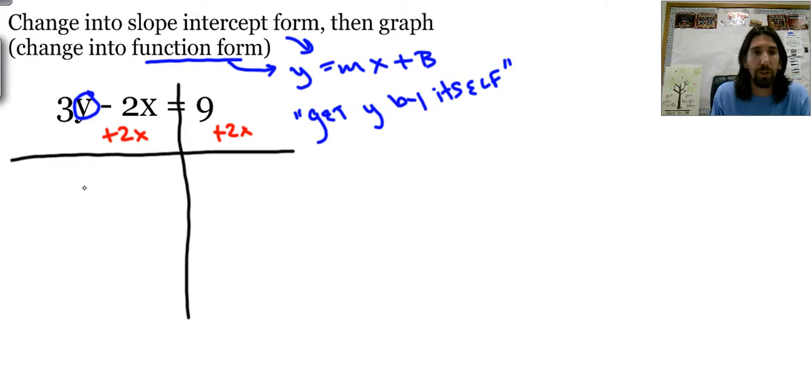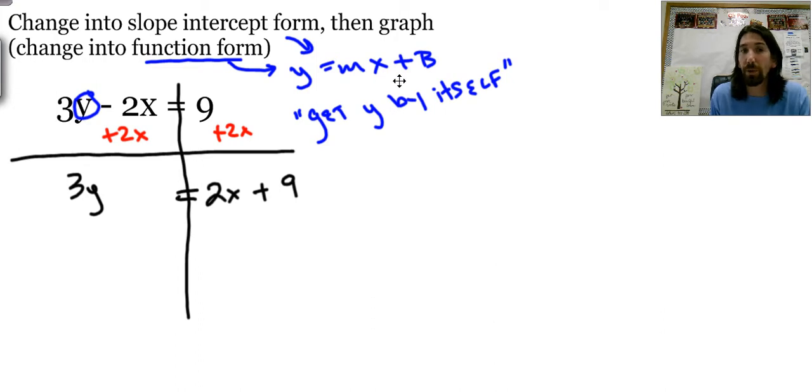So 3y comes down, negative 2x plus 2x cancels, equals, and then I can't combine these because this is a number and this is an x. But what I can do is say, this is 9 plus 2x, or 2x plus 9.